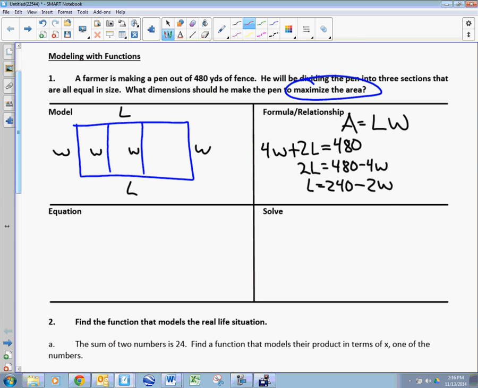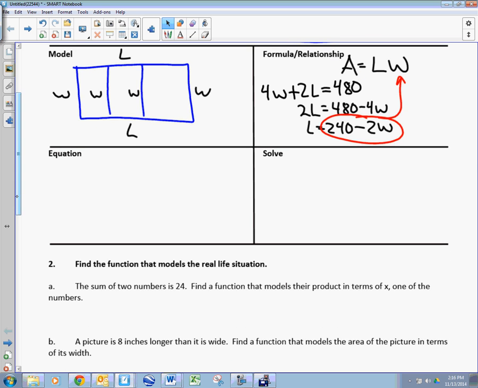What can you now do? Excellent, Jack. That was definitely a question that Will would never get correct. But Jack, you answered it perfectly. Area in terms of what is the variable we're now using? W is the variable we're now using.